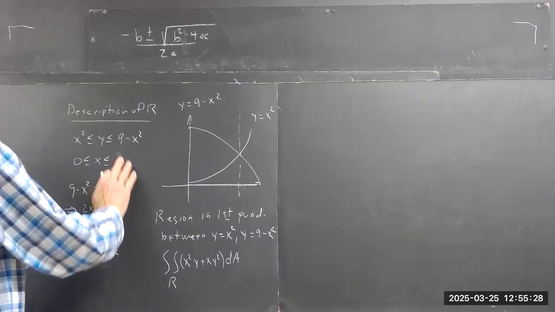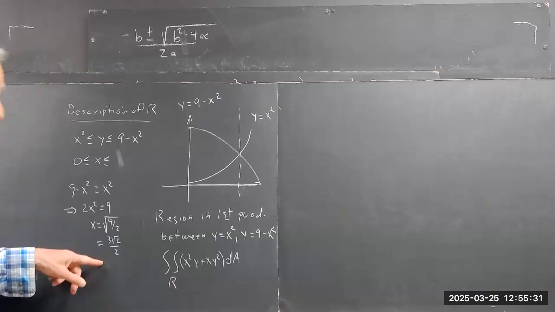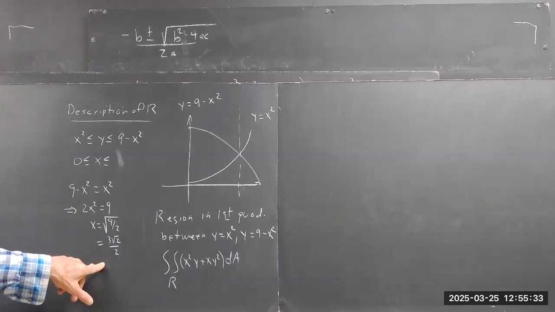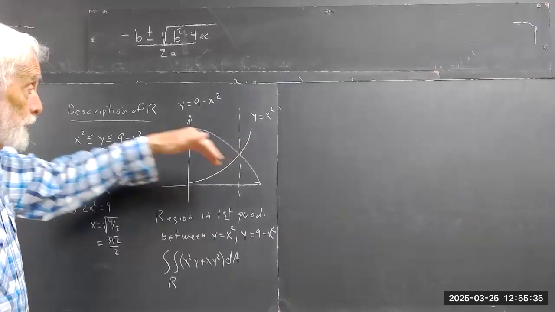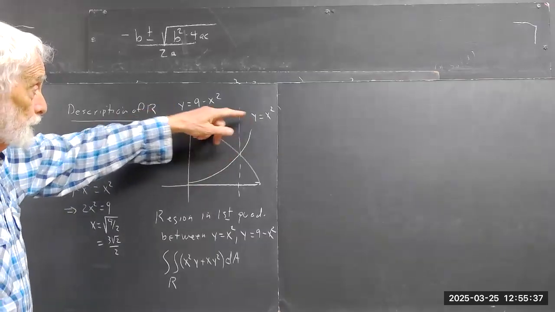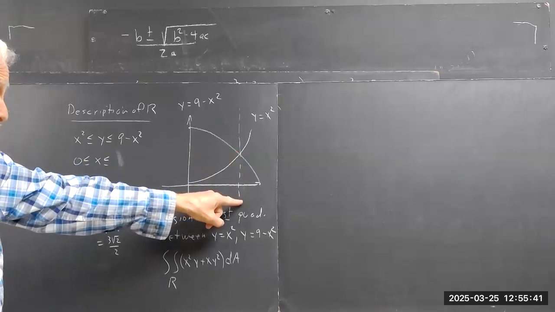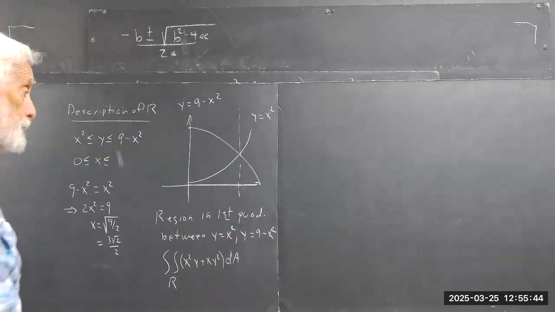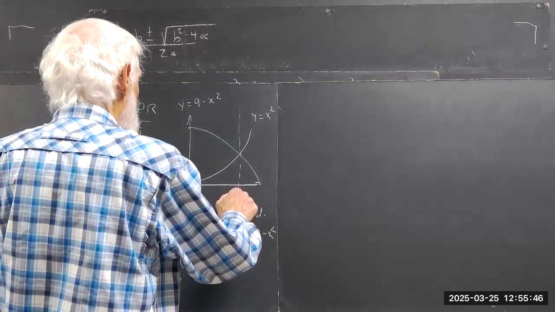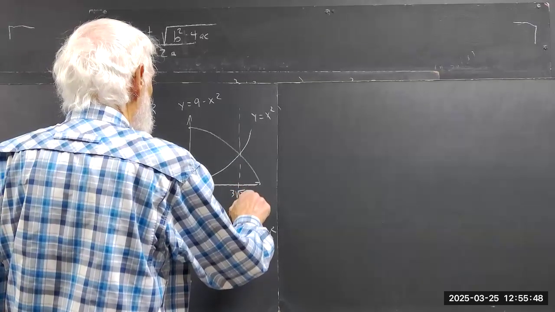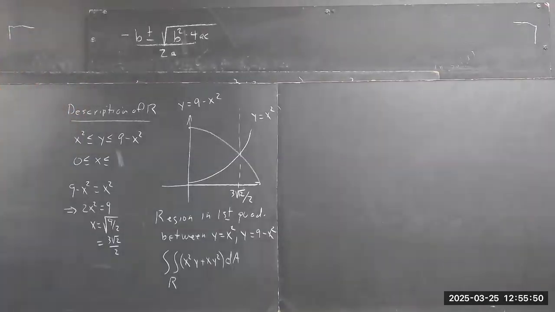So that's what I'm going to write. Understand what I just did? I just set the y value on this curve equal to the y value on this curve. And that gave me the x value, which is 3 times the square root of 2 over 2.